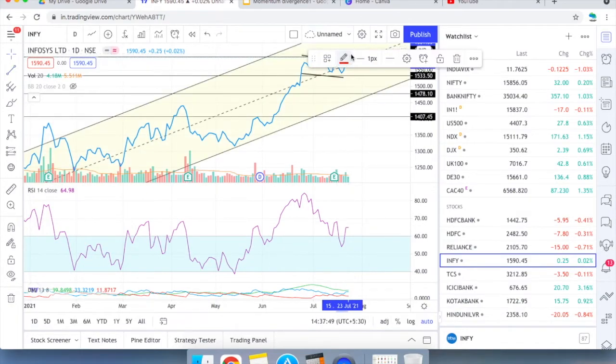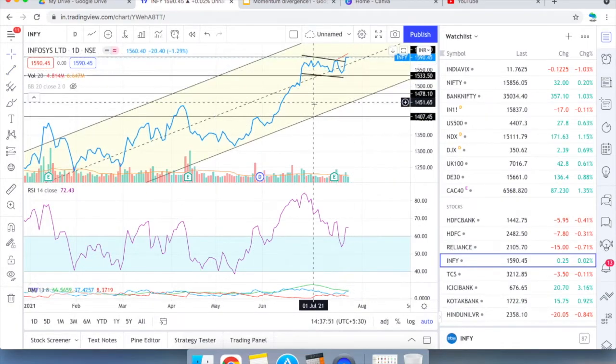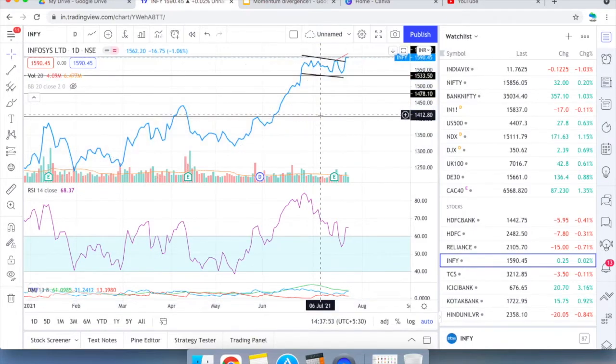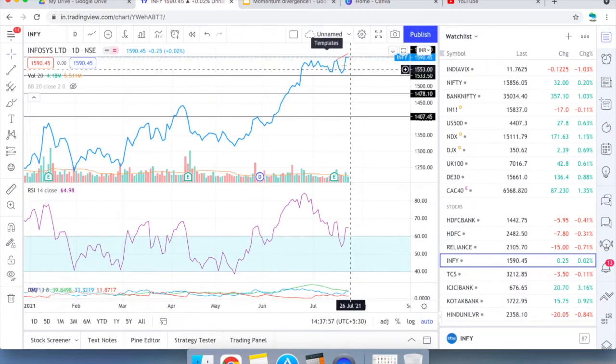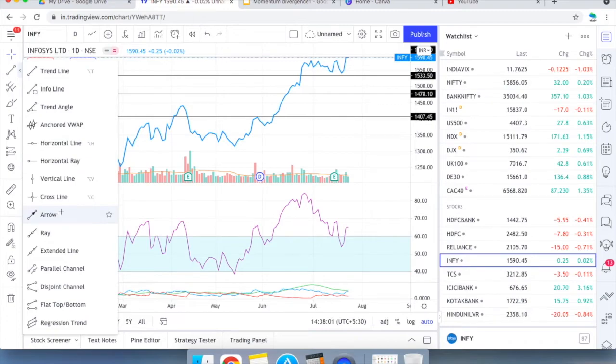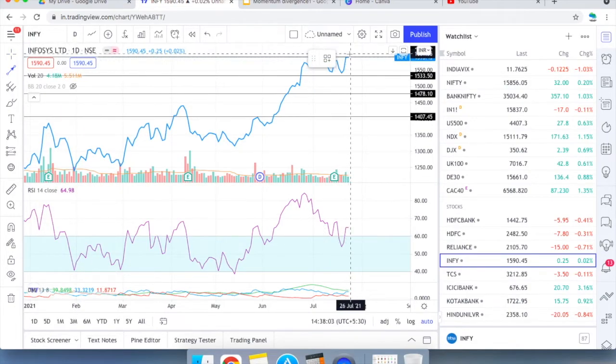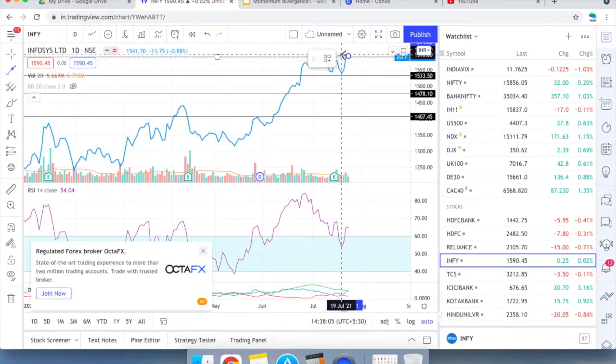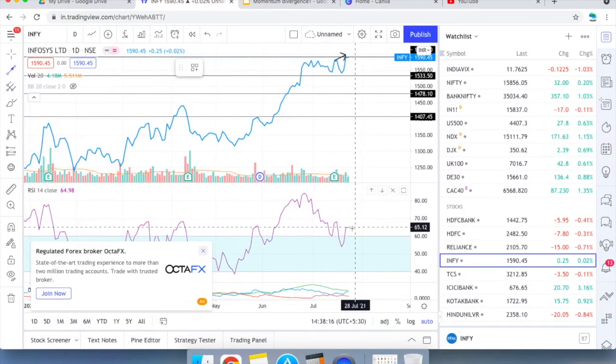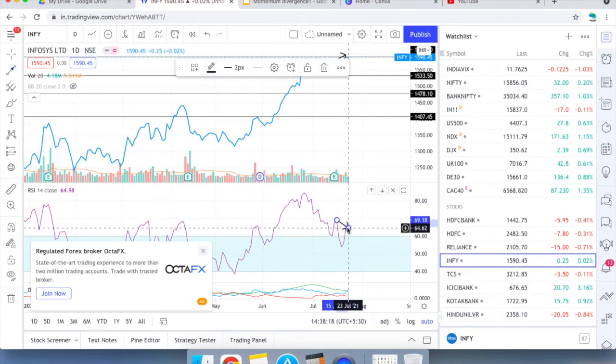So just clearing it off, I'll take the same arrow itself and then I am marking it. I'll mark it the other way. Here we can see that the price is moving up, but this is moving down.